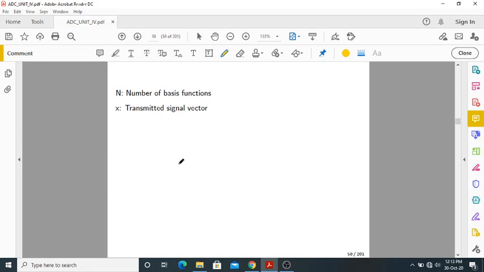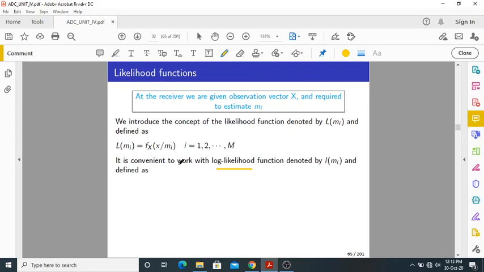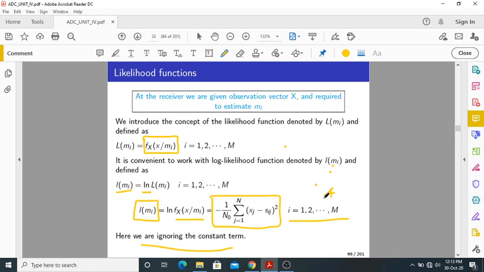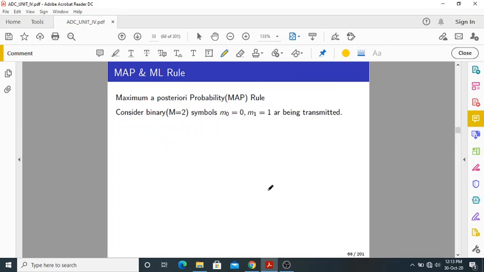Now simply what does ML rule say? Likelihood function should be maximum. That is the conclusion. So we will vary i equal to 1 to m. We find out for which value it is maximum. Suppose it is maximum for i equal to 1, what do you do? You choose m cap equal to m1. That's it. That is decoding. So that is ML decoding.